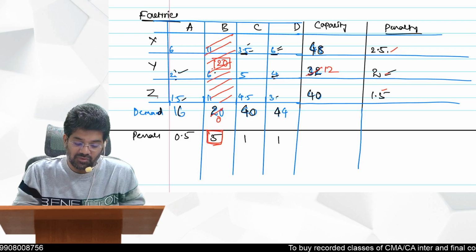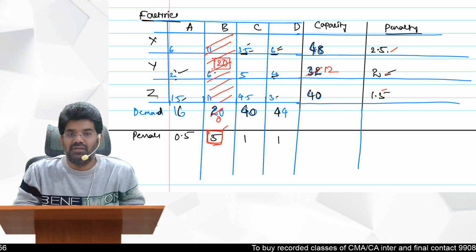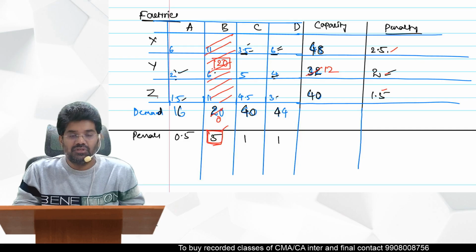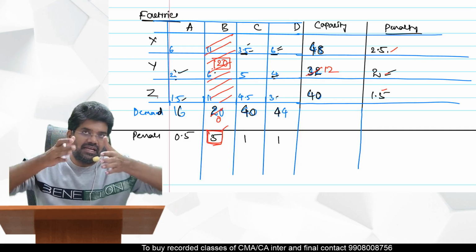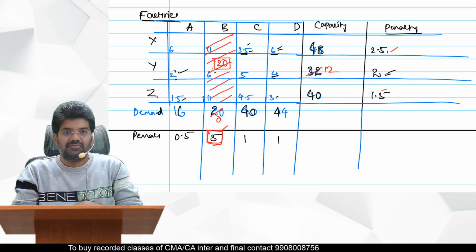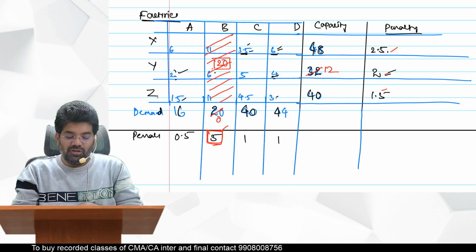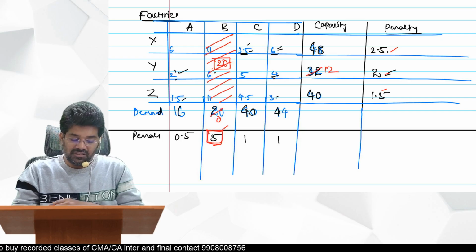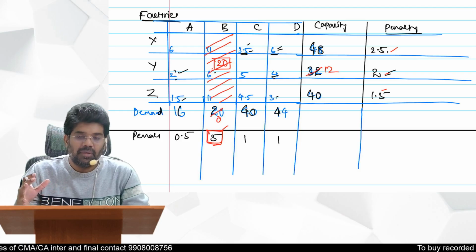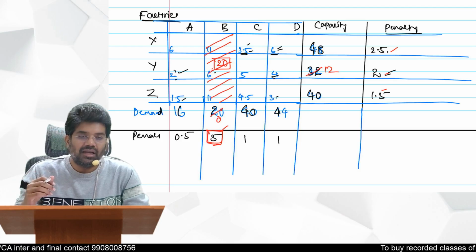Maximum regret is 5. So wherever there is a maximum regret, that one you select, and in that column only you take the least cost. There you allocate the maximum possible quantity.